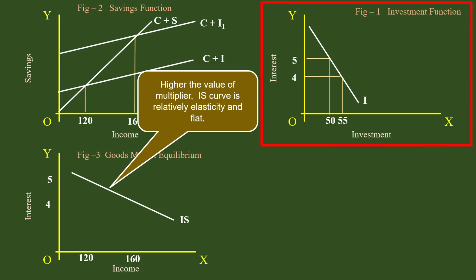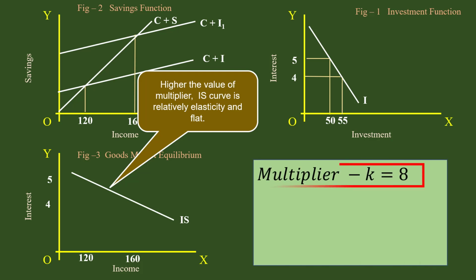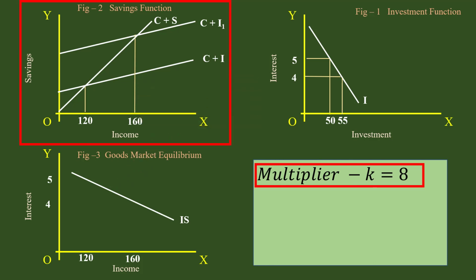Look at figure 1. No change in investment function. In our present example, the size of the multiplier is 8. Look at figure 2. The net increase in investment, 5 rupees, shifts the aggregate demand curve upward.